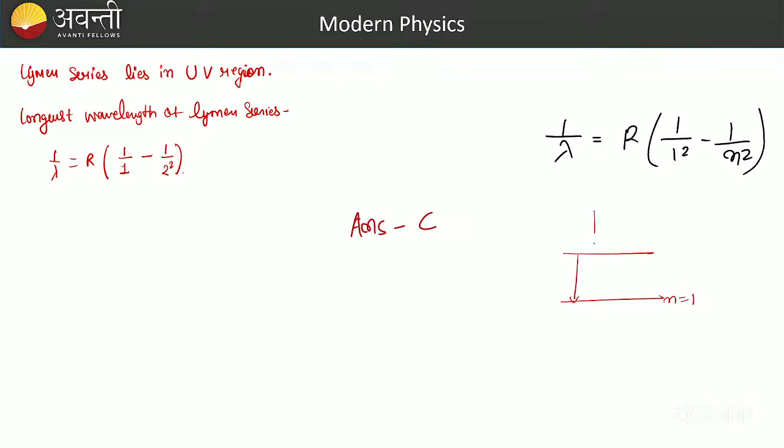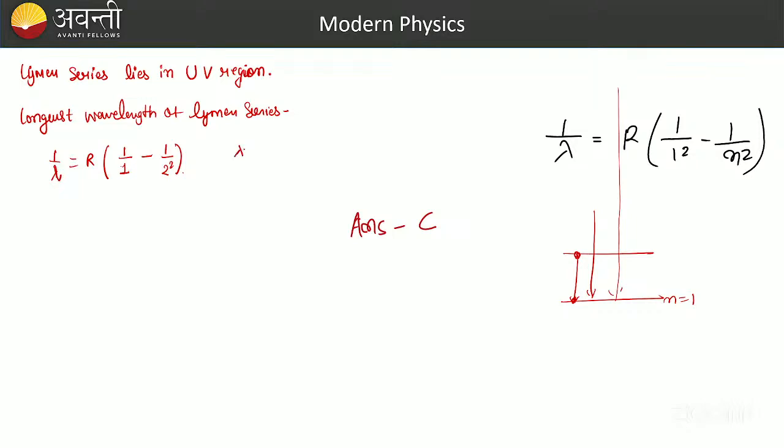This is the first transition and second, and the last one will be happening from infinity to 1. But you can see here this is 1 upon lambda, so if this value increases, the lambda will decrease. That is why we have taken the minimum value from 1 to 2 only. Although we can take it from 1 to infinity, that will ultimately increase this 1 upon lambda.